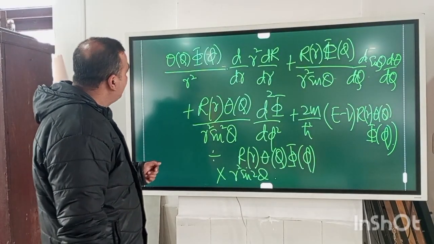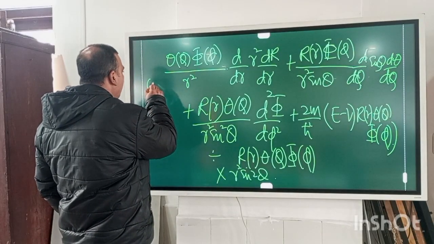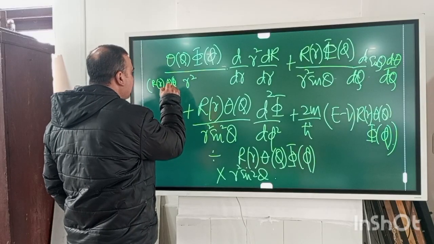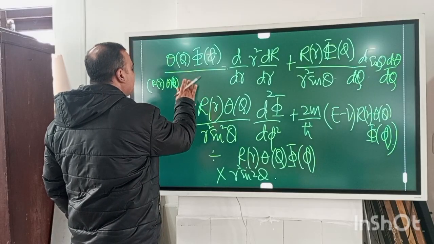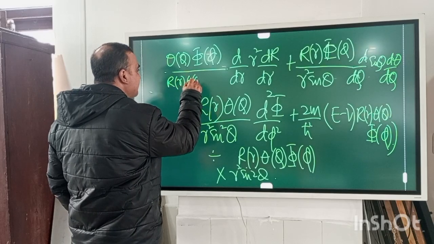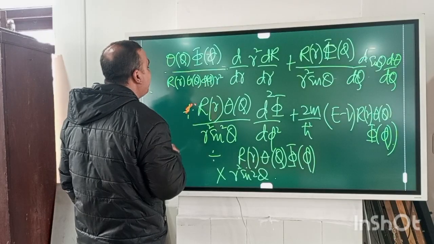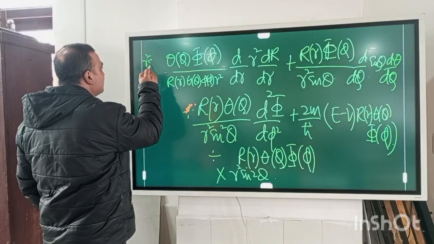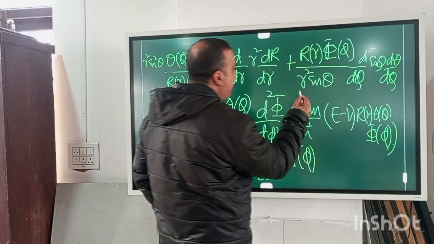Then see where we reach. So when I do that, you are dividing this equation by R(r), Θ(θ), and Φ(φ), and you have your r squared here. And at the same time, you are multiplying it by r squared sine squared theta. So this is our first term. In the second term, you will again have the same thing.